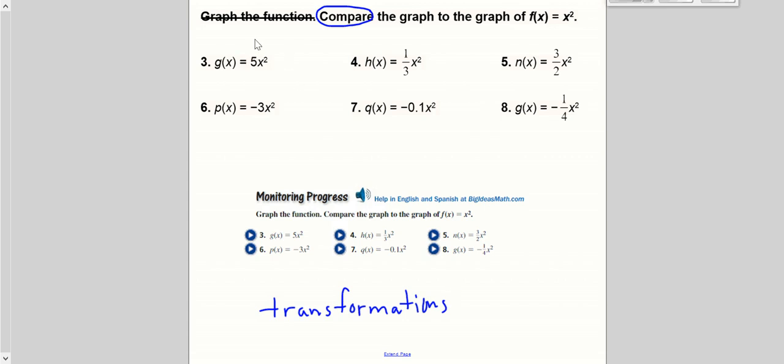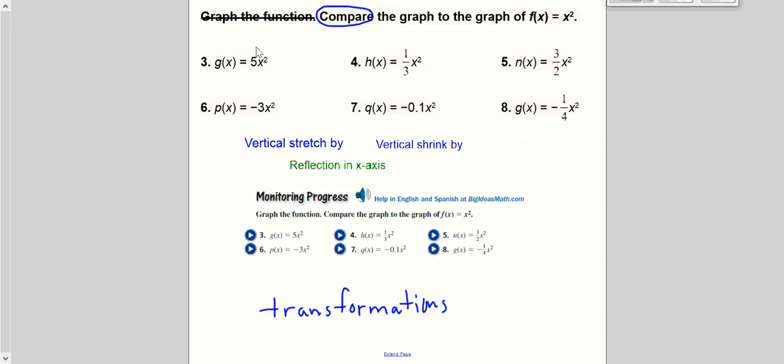So this first one, what does that 5 do? We have a vertical stretch by, okay, here's our 3 choices. Vertical stretch by a number, vertical shrink by a number, or a reflection in the x-axis.